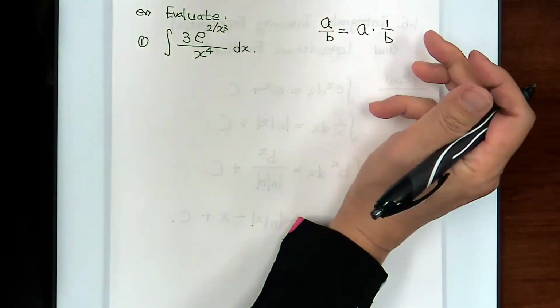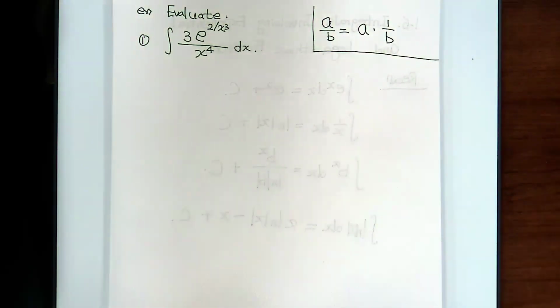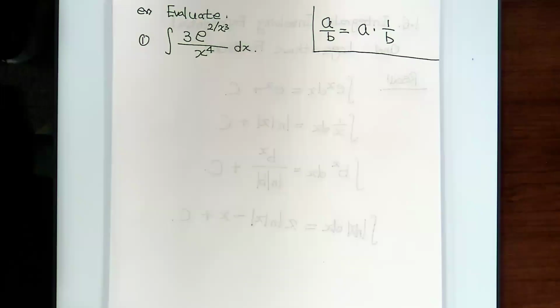So that's a product function. And we want to consider the substitution method because of that. In this case, we have to compare the numerator and denominator and think about which one is the derivative of what.